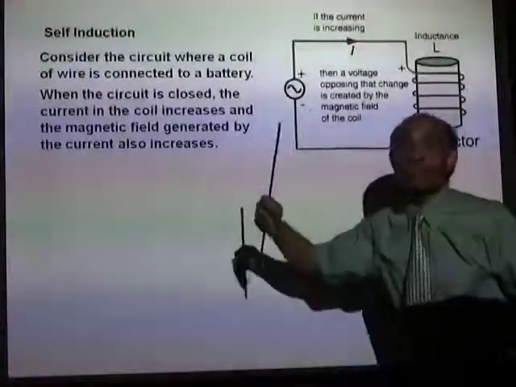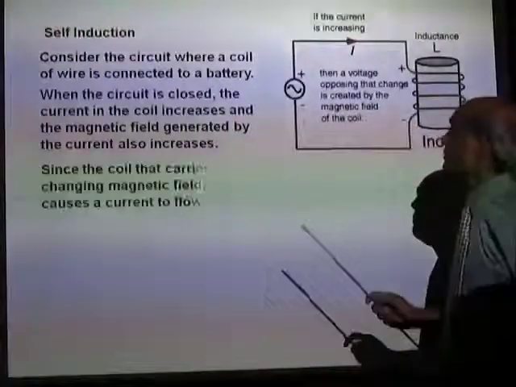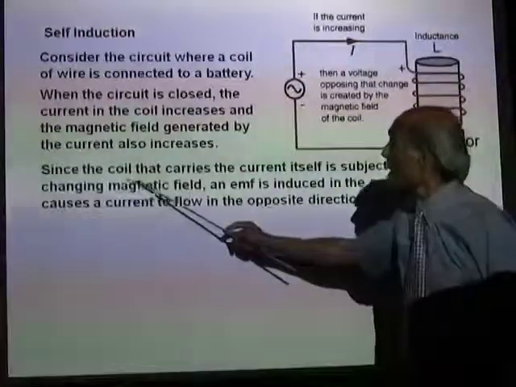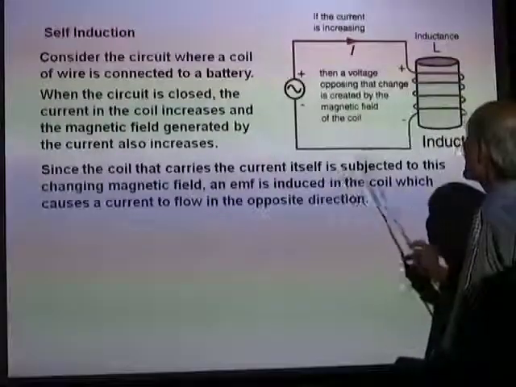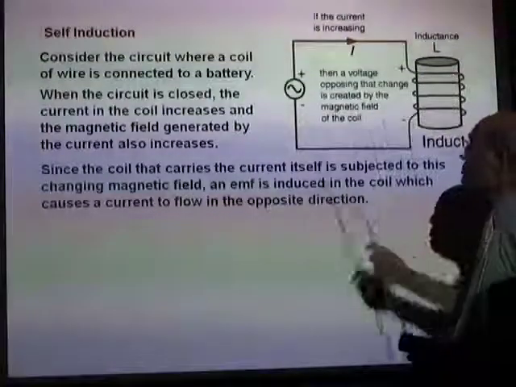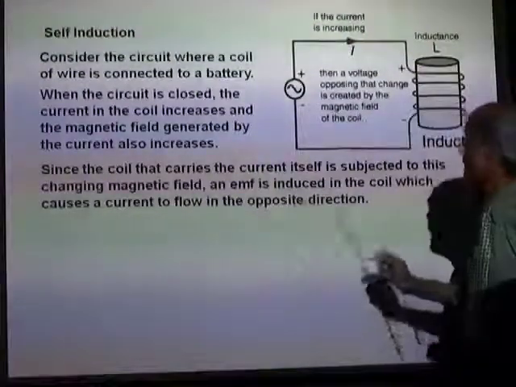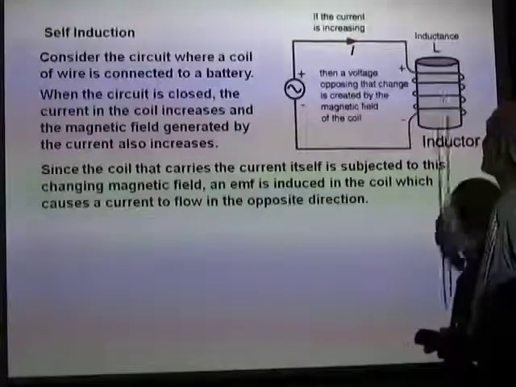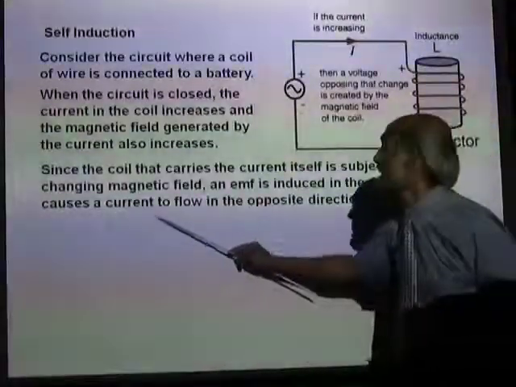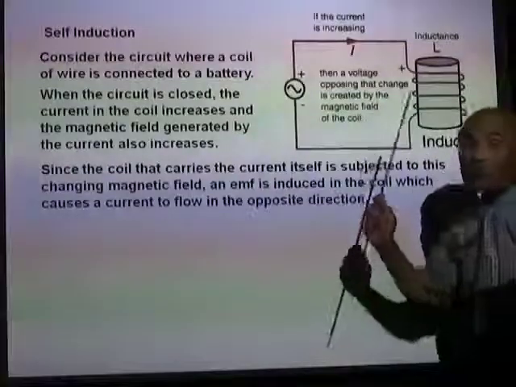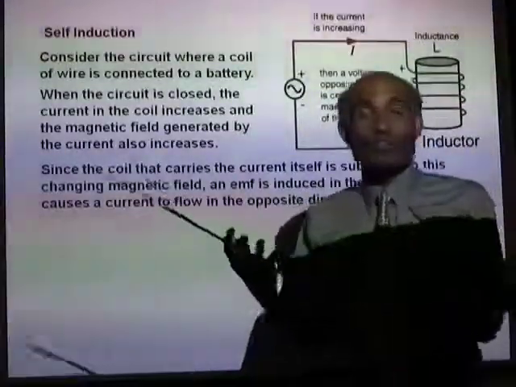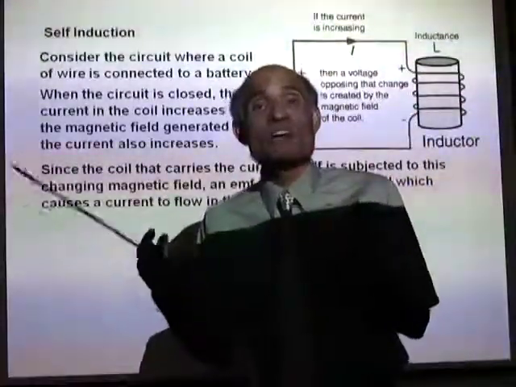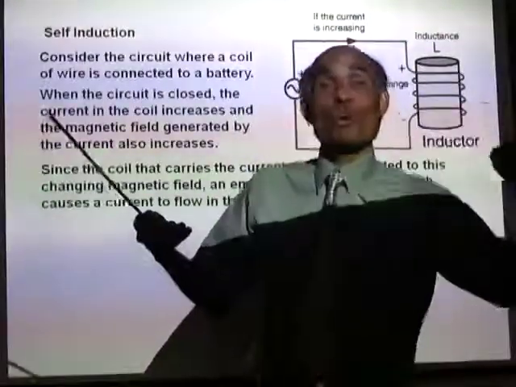It means the magnetic field associated with that also increases. Since the coil that carries the current is itself subjected to this changing field, an EMF is induced in the coil, which causes a current flow in the opposite direction, because the induced current is always in a direction as to oppose the cause of it.